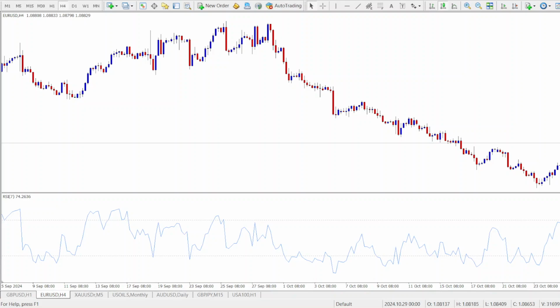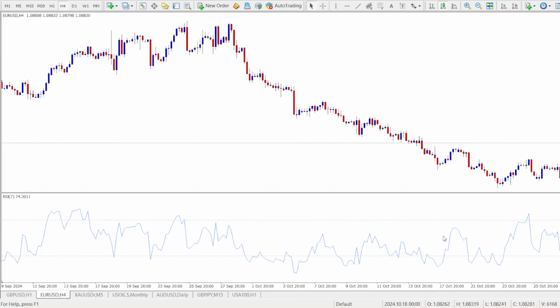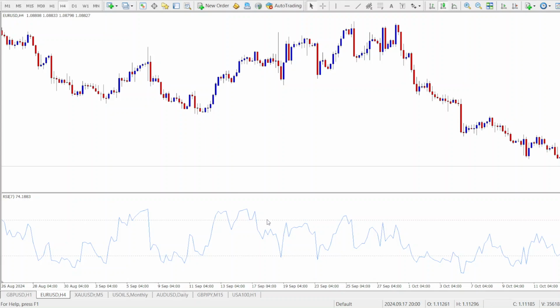And one thing you should know is to ensure that you observe proper risk management. It is very, very important. Now, when you are trading, make sure that you set your stop loss at appropriate levels. For example, when you enter a sell trade after you get a sell signal, set your stop loss perhaps above the nearest resistance or nearest swing high.